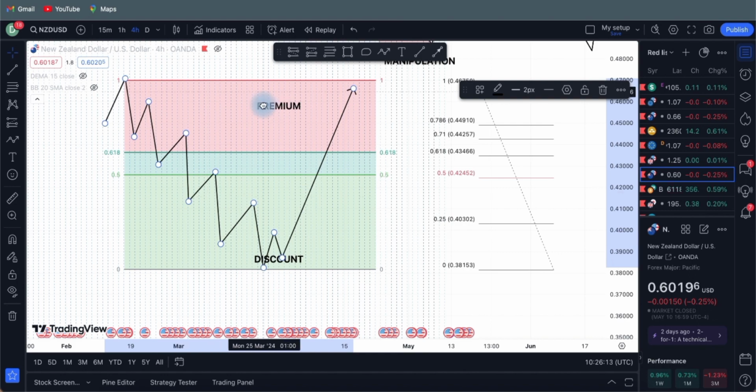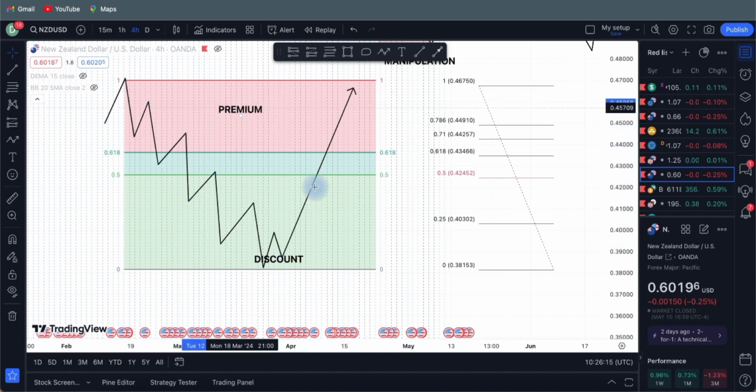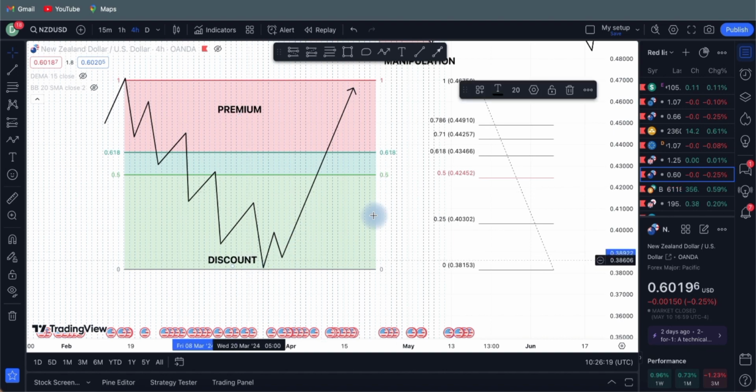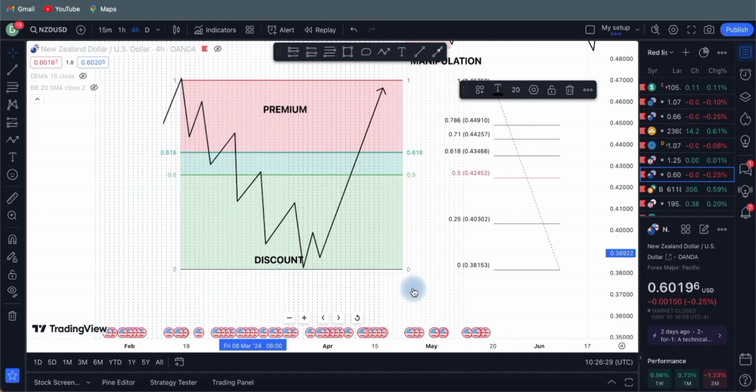So whenever the market is in the premium or discount zone, you know what you are going to do. This helps you manage your trades well, and it helps you not to counter trend. It's very important.